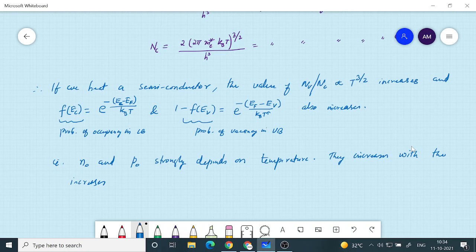One is that Nc and Nv increase, the other is that the probability also increases. It increases with the increase of temperature, and thereby makes the semiconductor more conductive. The conductivity of a semiconductor increases with temperature, and the reason is that N0 and P0 increase with temperature. So we will continue from here.